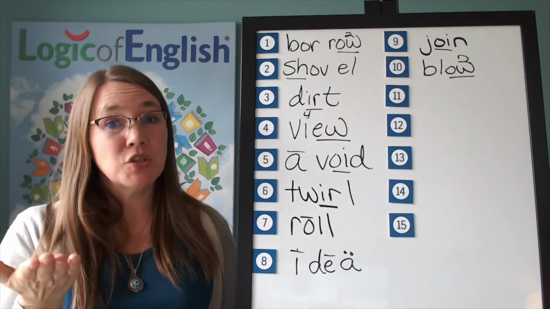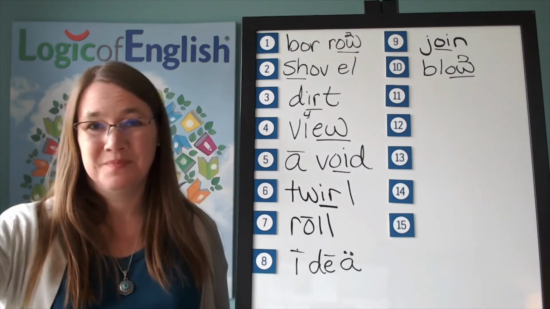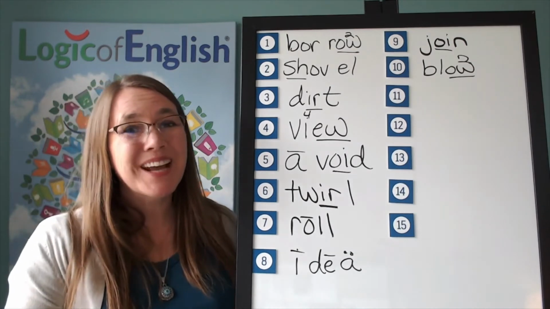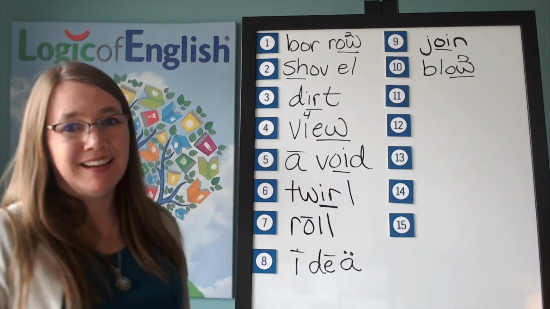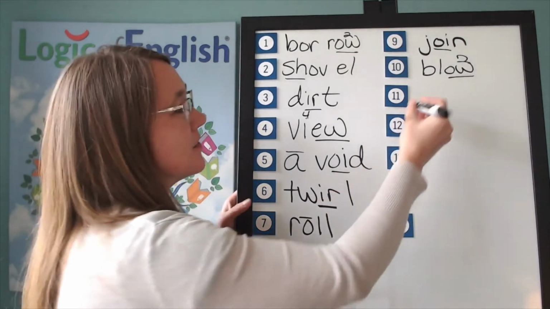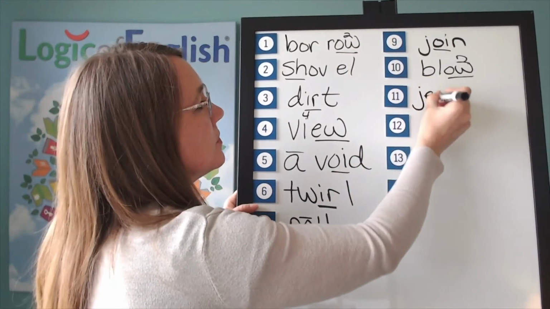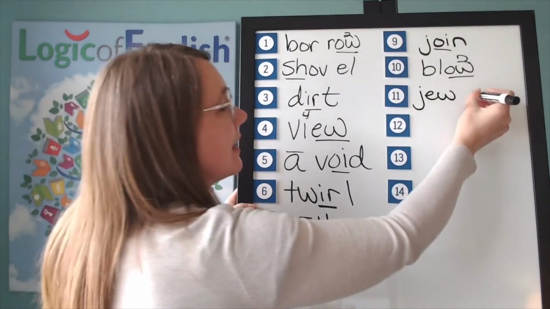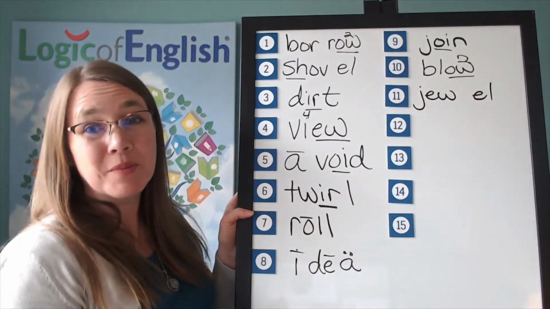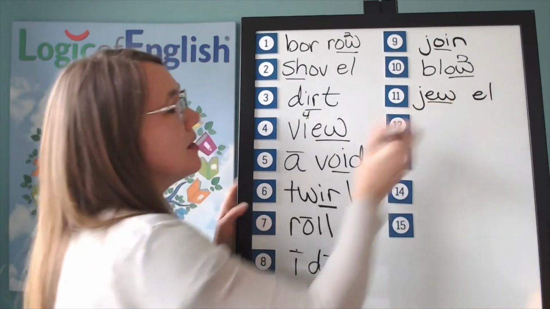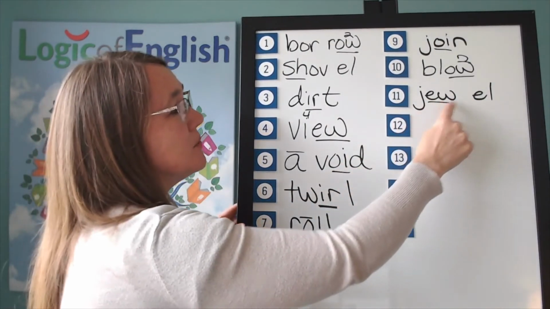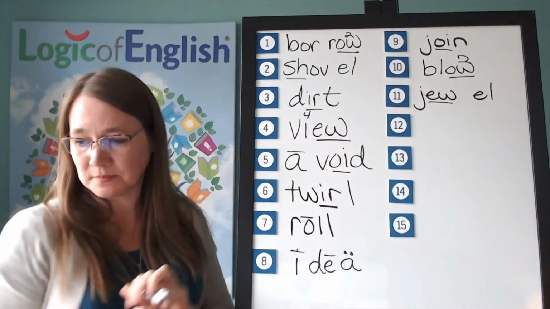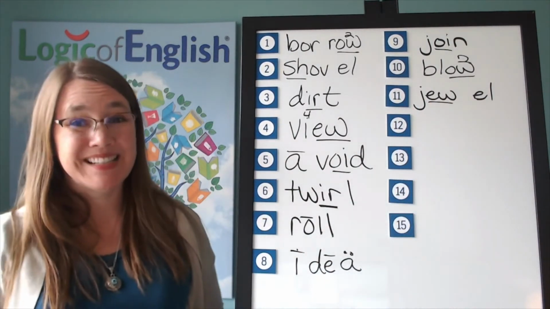Go ahead and write Jew-L, sounding it out as you write it. Excellent. And help me to write it. The first syllable is Jew. J, U. The second syllable is L. And how do we mark it? We'll underline the U. What sound of U? That's right, the first. Let's read it. Jewel.